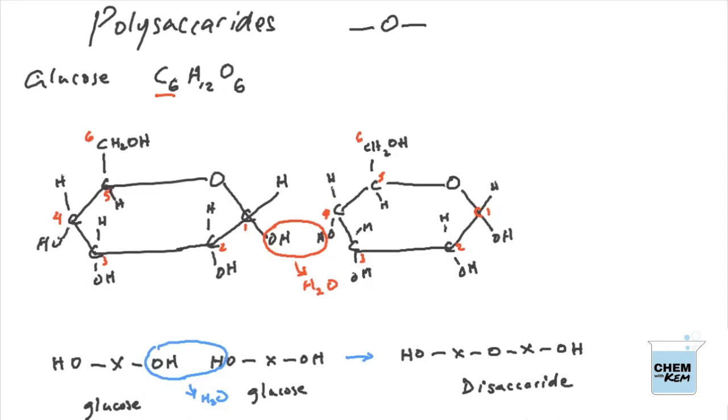Or we could go back. So that is the disaccharide. So we could show the structure of a polysaccharide by just, let's see how we could convert this. We could take off the H here and we'd have O, and then we take off the OH from over here, and then we can just write that on a new page. So this would be the structure of starch.